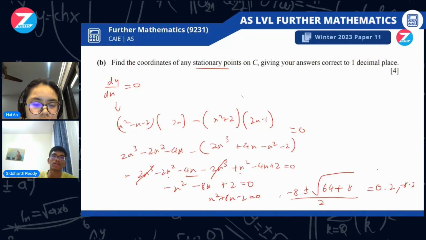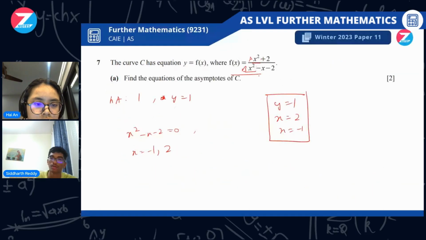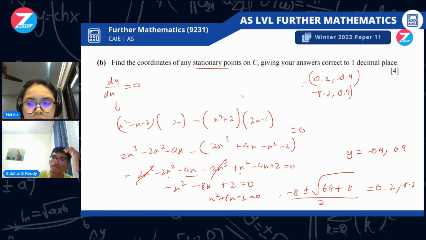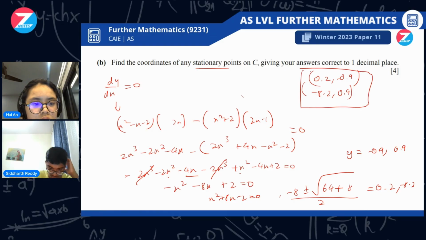Substituting these back into the original function f of x, for 0.2 we get y is equal to minus 0.9, and for minus 8.2 we get 0.9. So these are the two points: 0.2 and minus 0.9, and minus 8.2 and 0.9. So this is the answer.